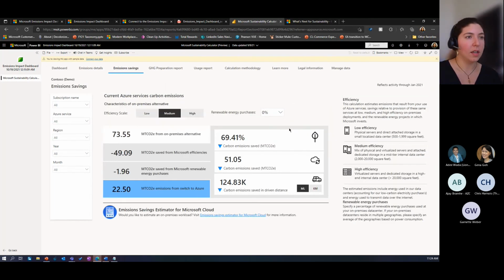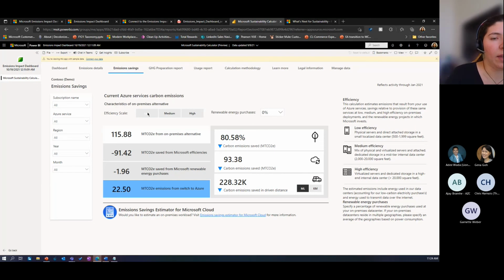And this one's interesting. We get a lot of shock and disbelief because it looks too good to be true, but it is true. We have that white paper on it, and we double checked with third parties multiple times. But yeah, here is what you can see as far as compared to a traditional data center versus the cloud. What are some of the emission savings if you were to do this? And again, you can modify the efficiency of your traditional data center.